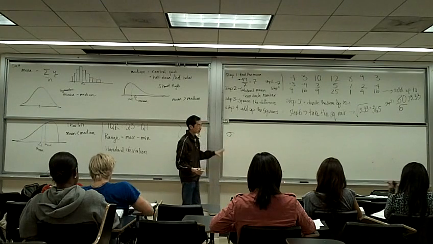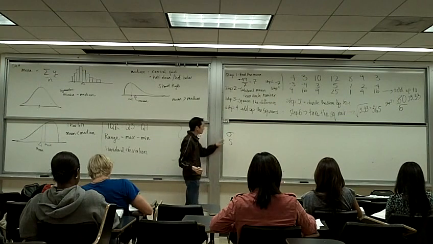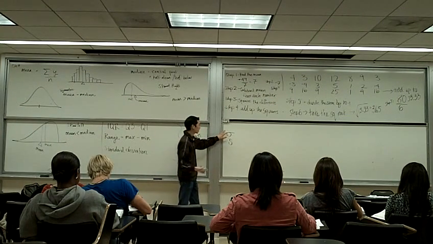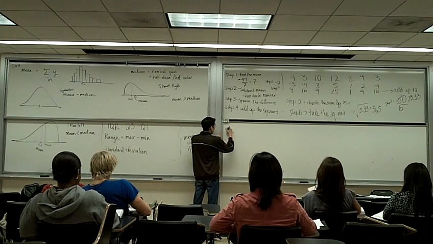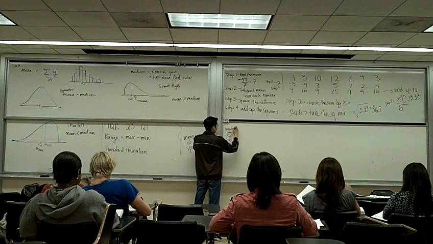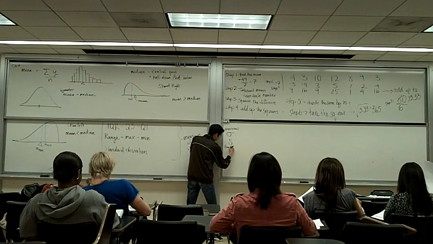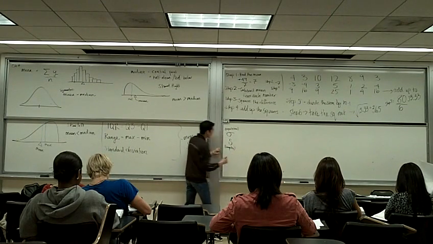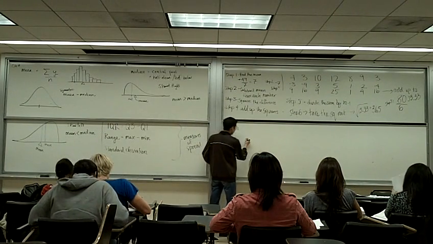Sometimes it's given by the symbol s. Sigma is for populations, and s is for samples, but they're both standard deviations.